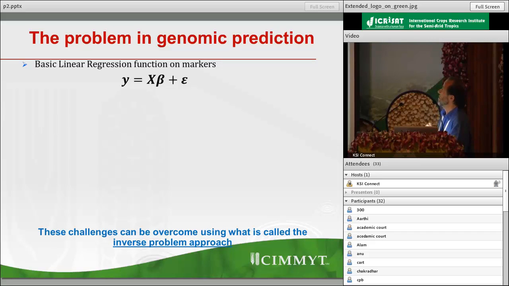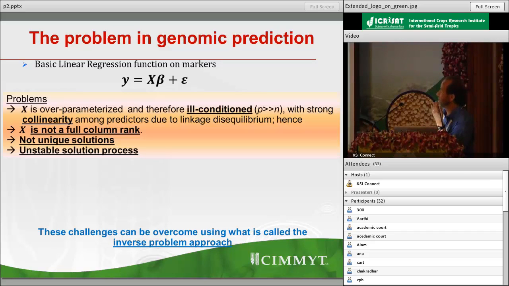The main problem in genomic prediction, as we know, is that this particular matrix is ill-conditioned. Here is the response variable, and these are the effects of the markers. The columns of this matrix are the markers, and we might have 1 million markers, but only 100 rows, which are the observations, right?